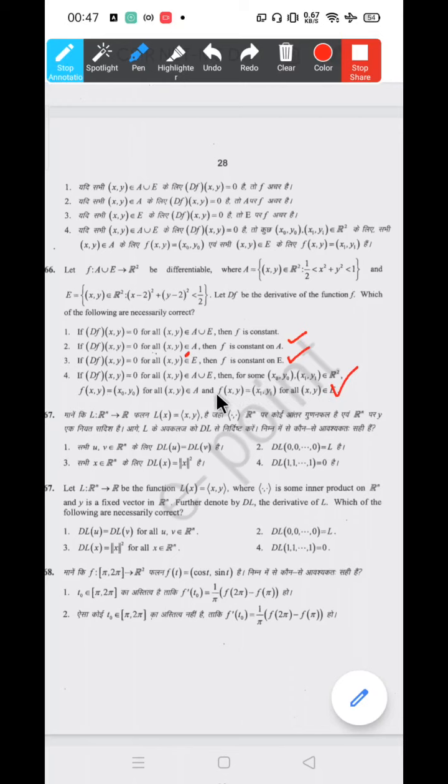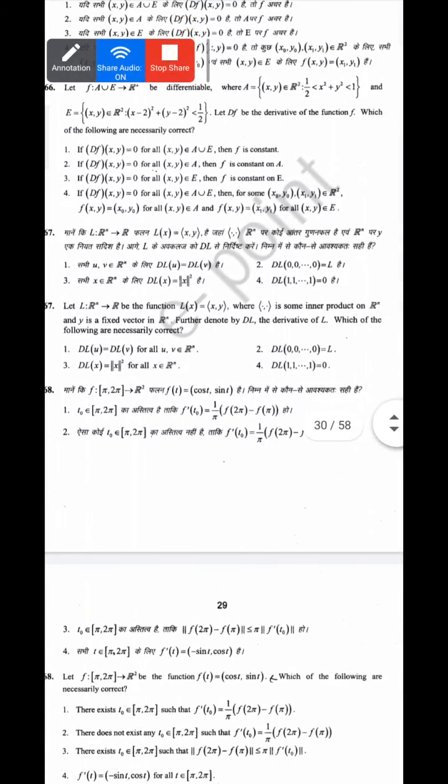Correct. If it is on the union. Because at half we don't know, man, what is the value. No, but it's not required actually. There are two rings. This is circle, open disk, open circle, and this is disk. Correct.